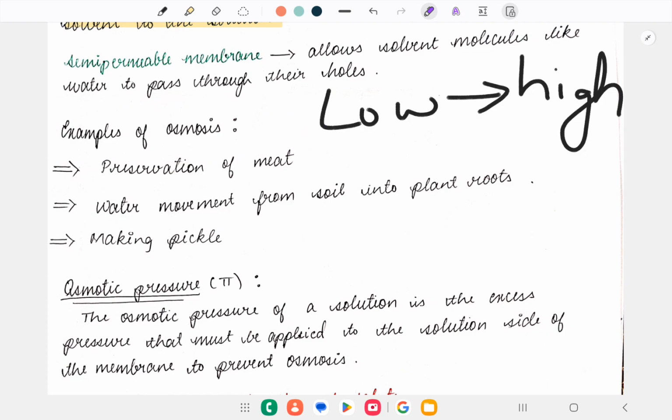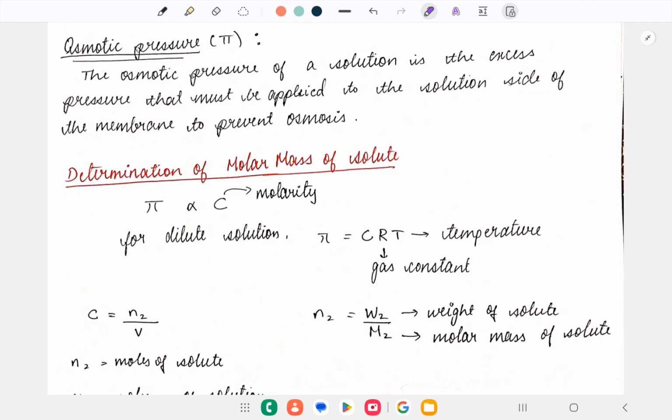Now we will study about osmotic pressure, which is represented with this symbol. So the osmotic pressure of a solution is the excess pressure that must be applied to the solution side of the membrane to prevent osmosis.